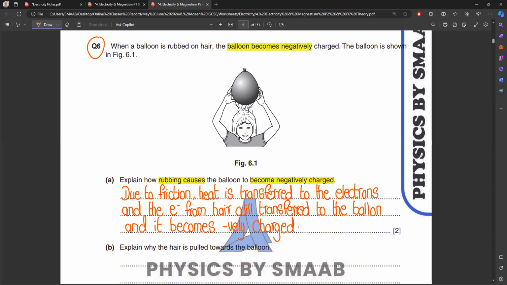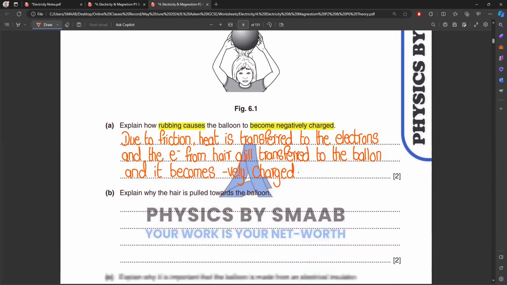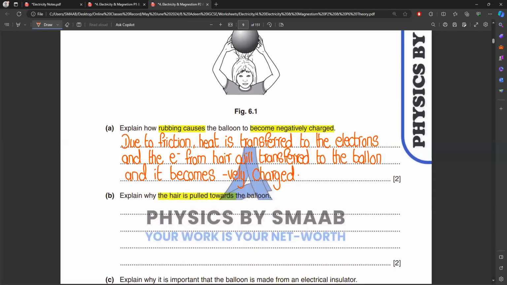Why is the hair pulled to the balloon? Because the hair is now positively charged and the balloon is negatively charged. So it's like the balloon is pulling it towards itself. Right.